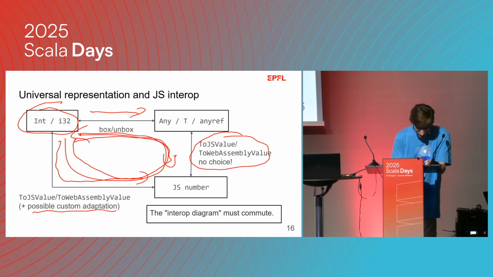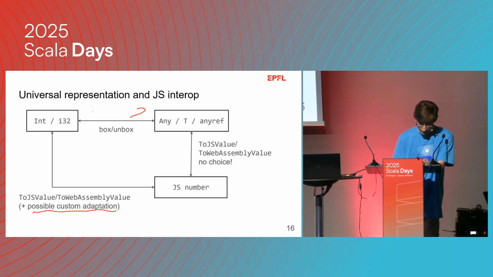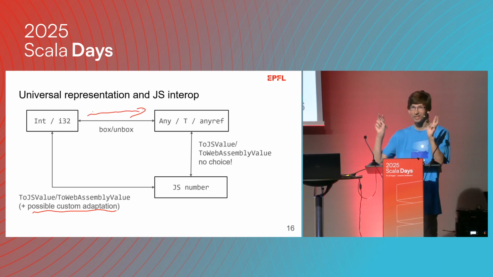I can take an I32, I can box it with that identity function that returns me an anyref, but it's an anyref that holds a JS number, so I'm all good.